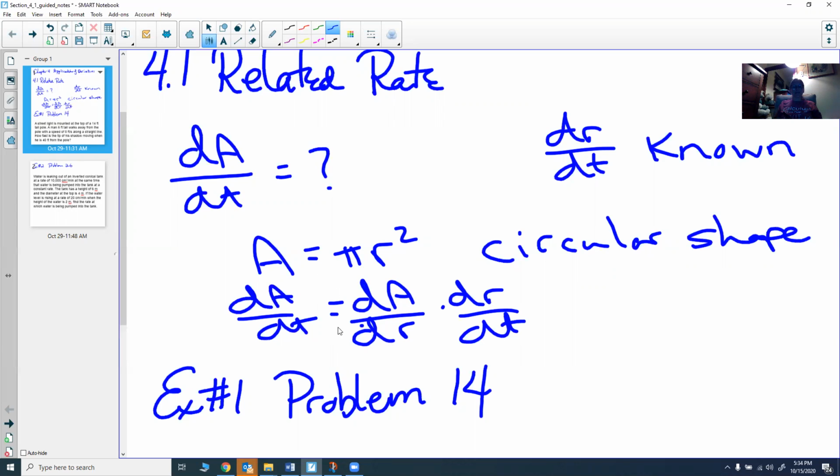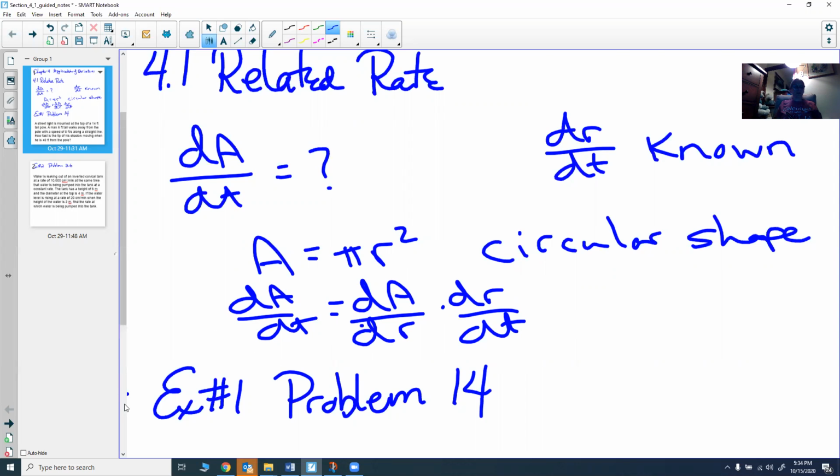You know the derivative of area is 2 pi r, the outside function, and then you multiply that by the derivative of the inside function, which is dr/dt. Then you can find out how they're related to each other. This is a lot of what we're going to look at for related rates.